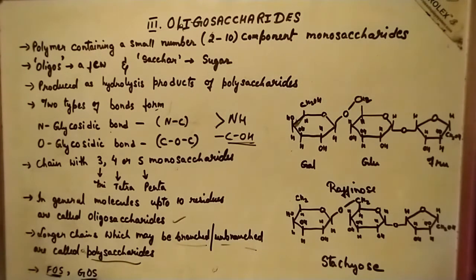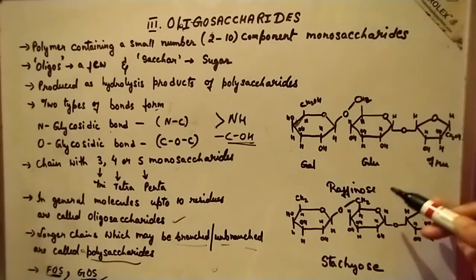These compounds can only be partially digested by humans. The disaccharides, as you have studied, are the most common oligosaccharides found in nature.